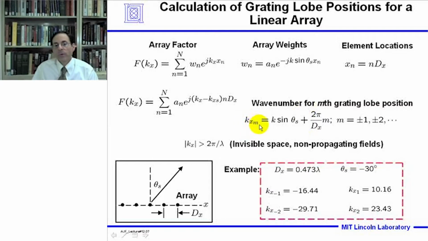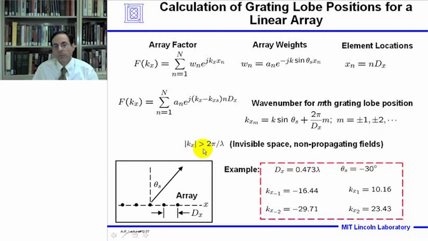K sub x for the mth grating lobe is equal to k times sine of the scan angle plus 2 pi over the array element spacing d sub x times m, where m is equal to plus or minus 1, plus or minus 2, etc.